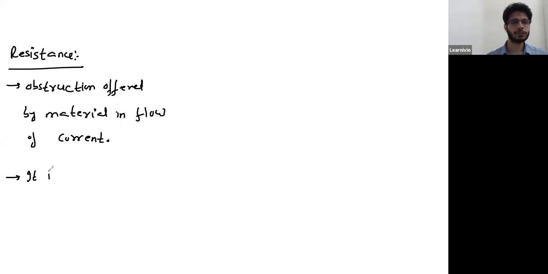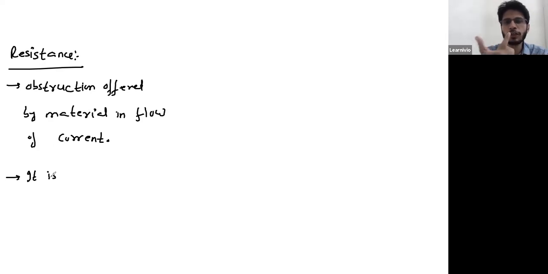We have done drift velocity. In drift velocity, did you observe something which opposes the flow of current, something which obstructs the flow of electrons? During drift velocity, we came across some particles which basically obstruct the flow of electrons. Yes, that was ions. So the collision of electrons with ions is basically resistance.